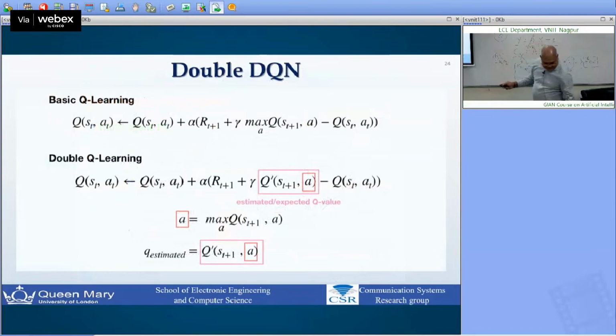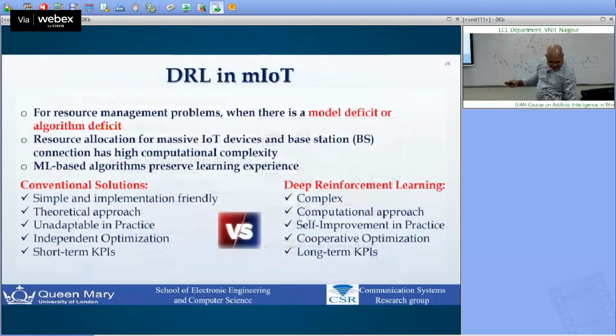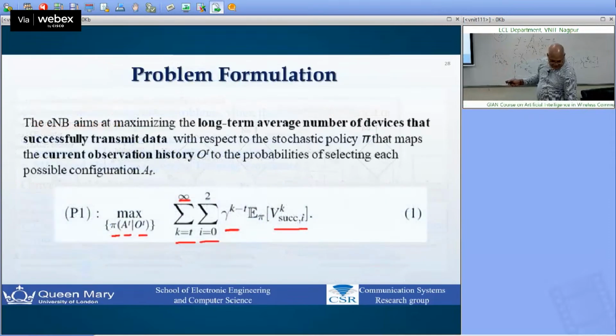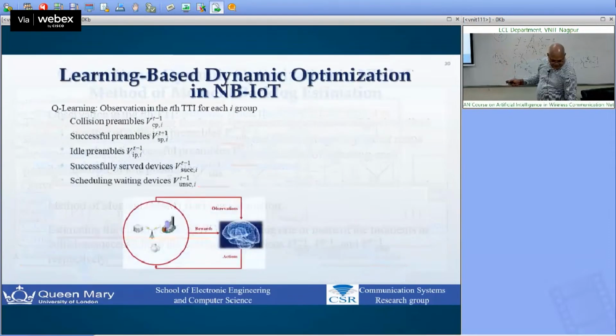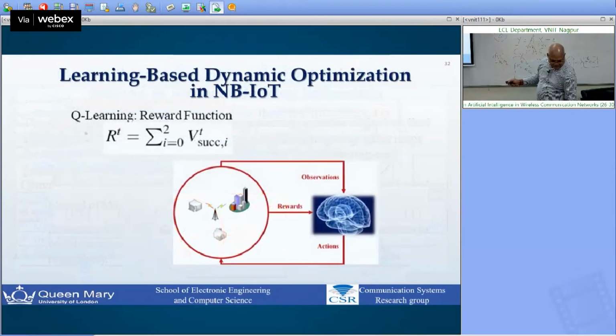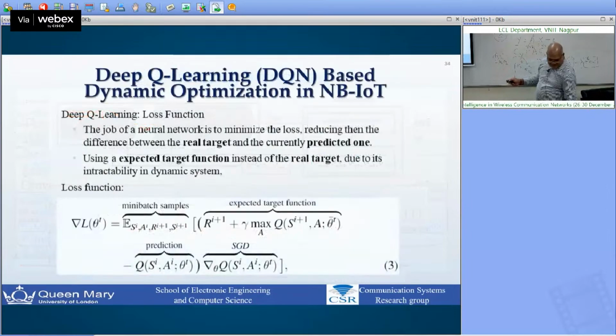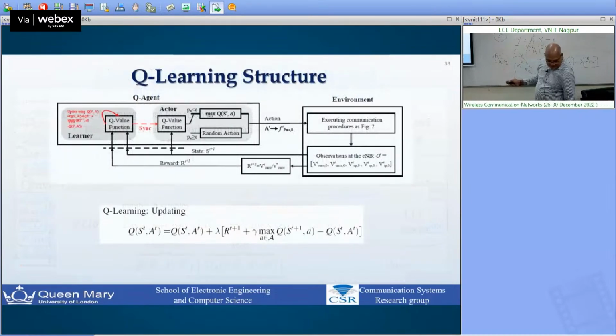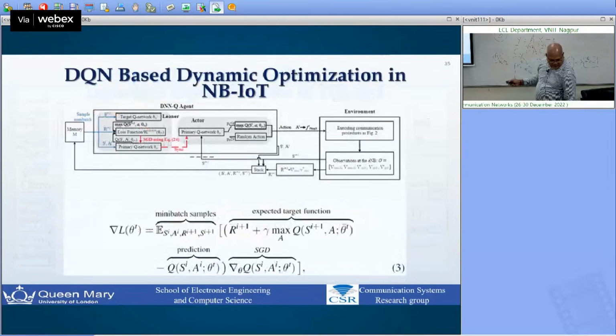That's what we have here. Here is one DQN network, and this is another DQN network. So using this and this, it calculates the loss function.